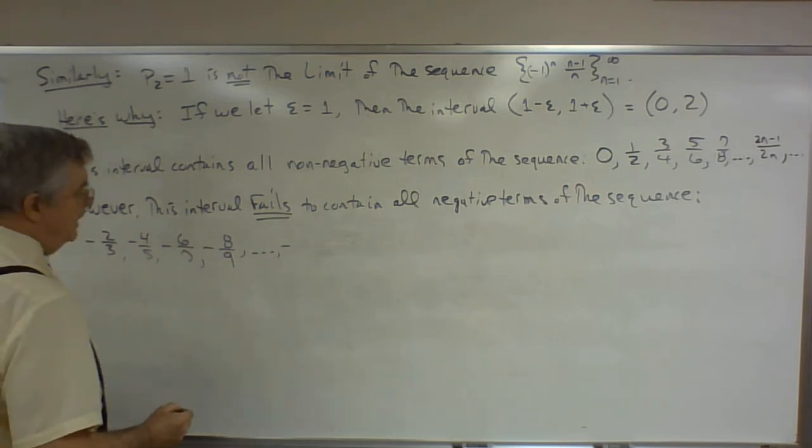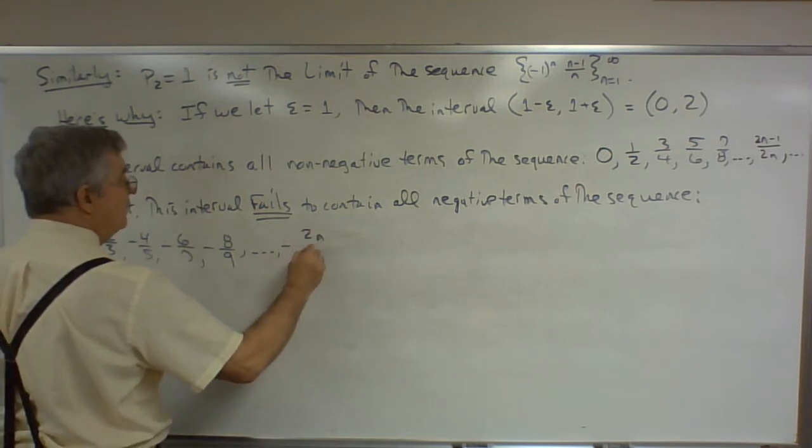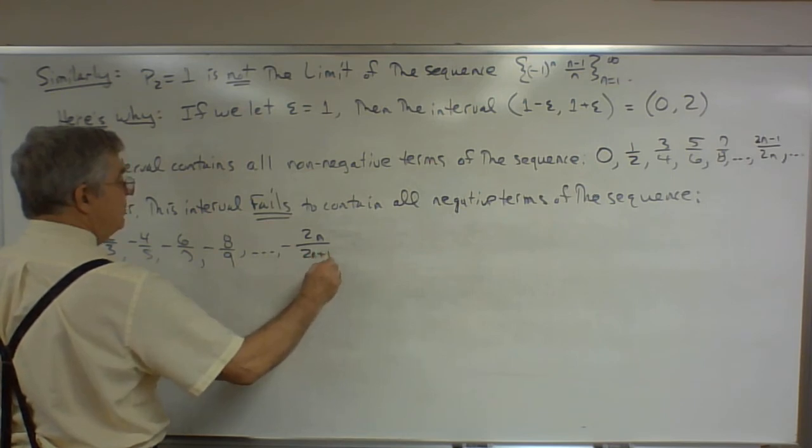And so that would be -2n over 2n plus 1.